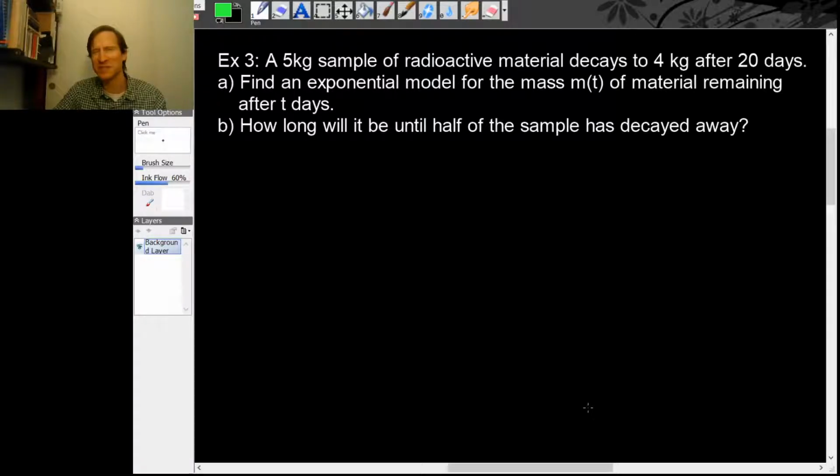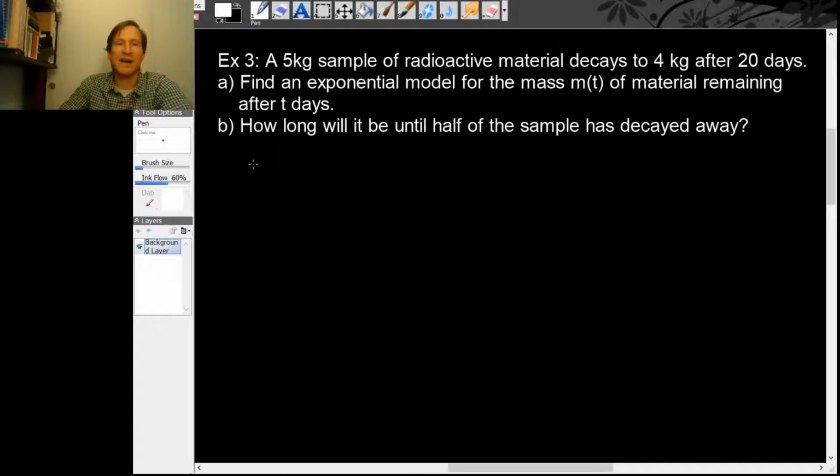So radioactive material sort of breaks down into component pieces in such a way that some of the original mass is emitted in the form of various types of particles, and the material that is remaining isn't the element that it started as. It actually turns into something else. And one characteristic thing about radioactive decay is that it's exponential. So let's find an exponential model for the mass of material remaining after t days.